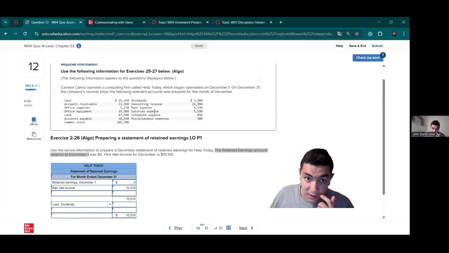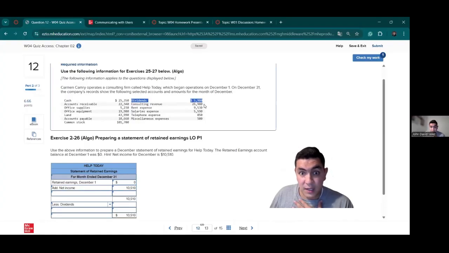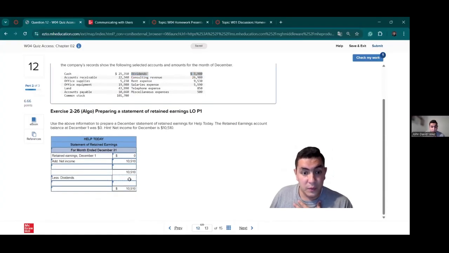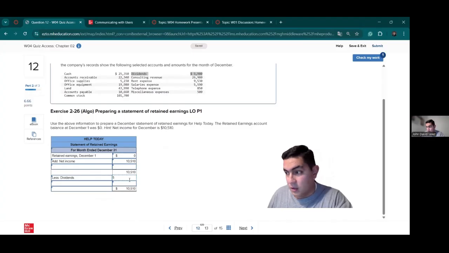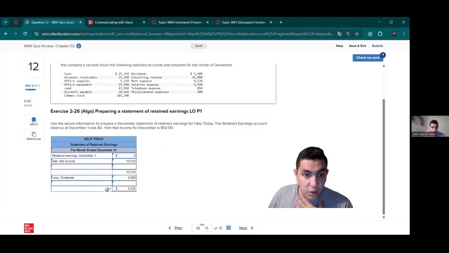And we have dividends here of 5,980. So we already have the retained earnings for December 31 of 4,530.